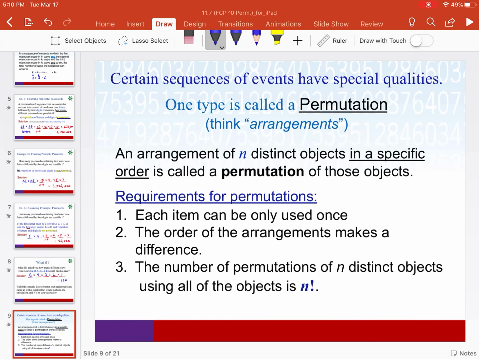That's what this factorial notation means. It just means you multiply by one less number each time. 3 times 2 times 1. That's called a factorial.